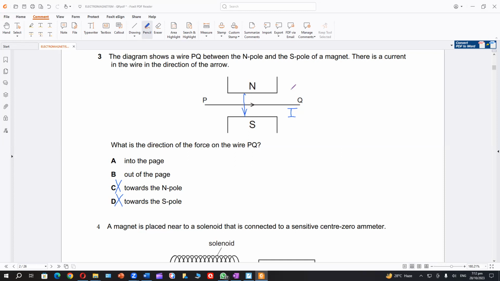So give your suggestion, A or B. One answer is A, into the page.